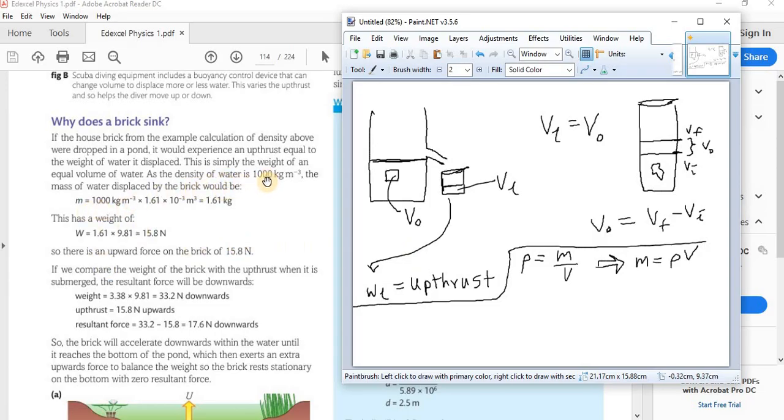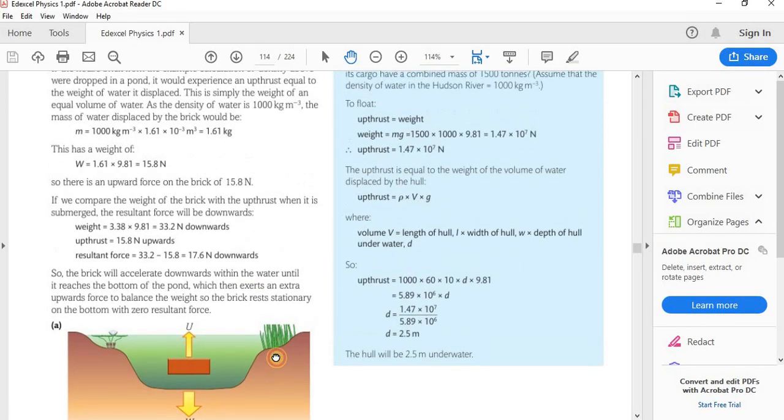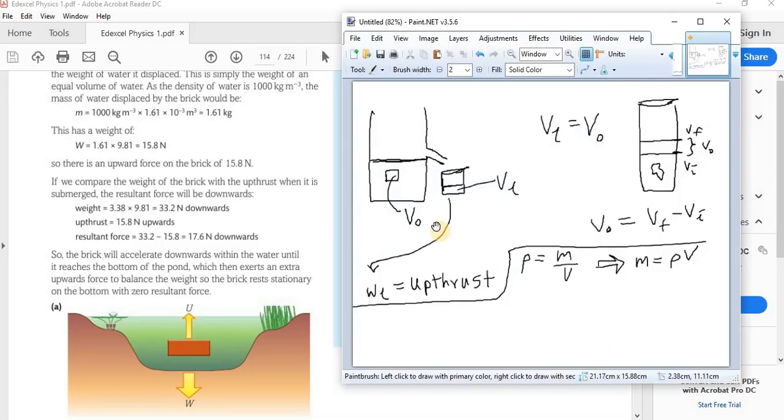They know the density of water. Now in this example, there's a brick in the water. Okay, you can see the brick in the water. So they are calculating this U, upthrust. The first thing is we can find the mass of the water that was displaced. The volume of water displaced is the volume of the brick, which is this value, and the density of water is 1000 kilograms per cubic meter.